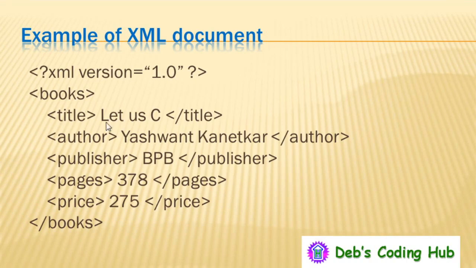After we have completed all the tags, elements, child elements, we must close the root element. So book is the root element, we are closing it. So this is the structure of an XML document where the root element book stores 5 child elements: title, author, publisher, pages and price with their respective values.